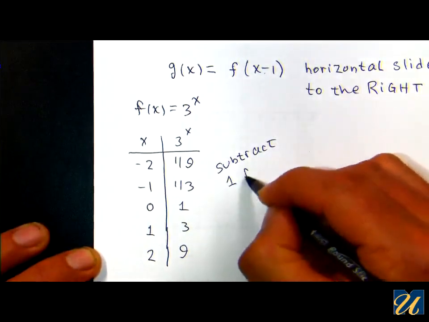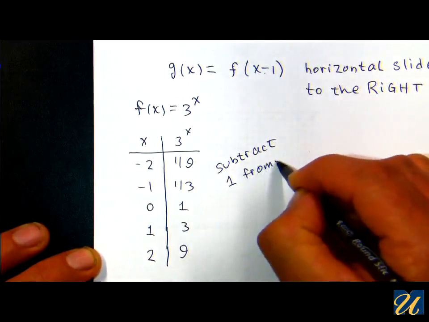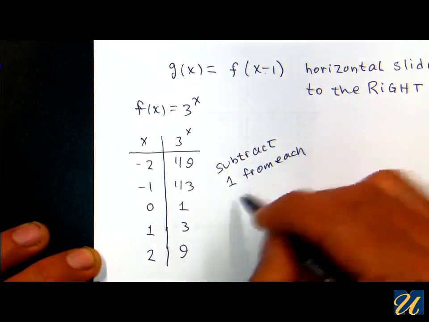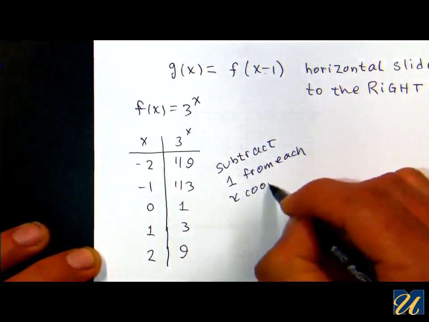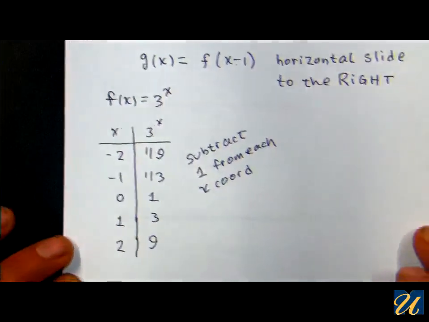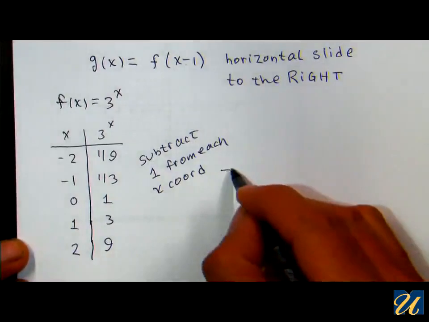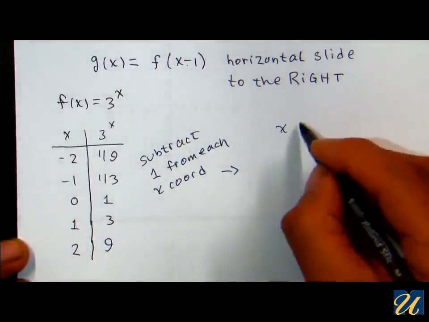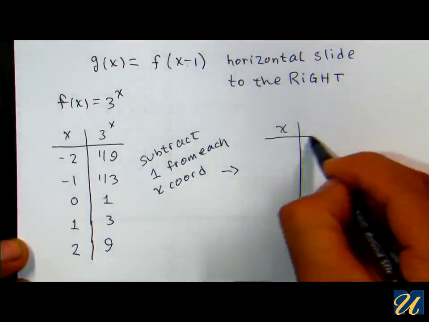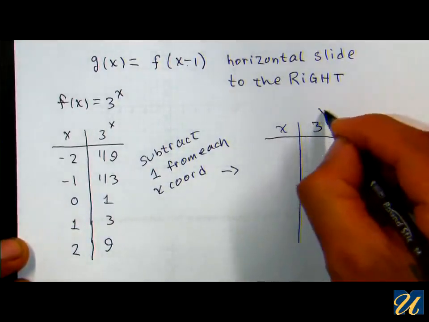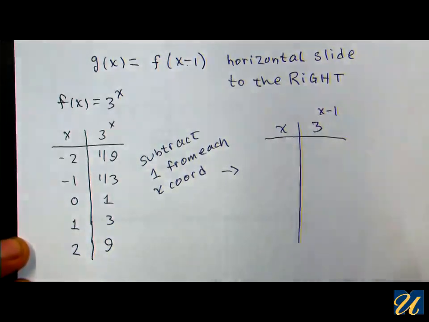And that will give us the values on the g function. So we'll do that, and we'll have x with 3 to the x minus 1 power. This is our g of x function.